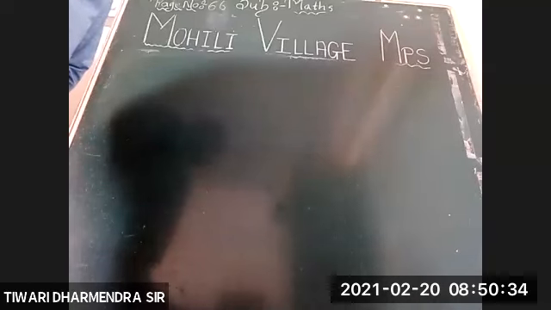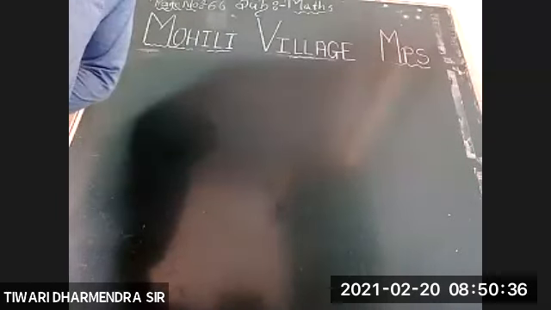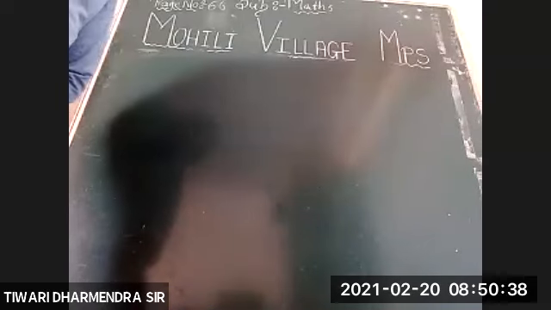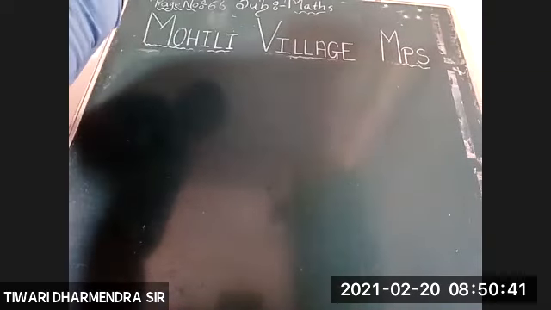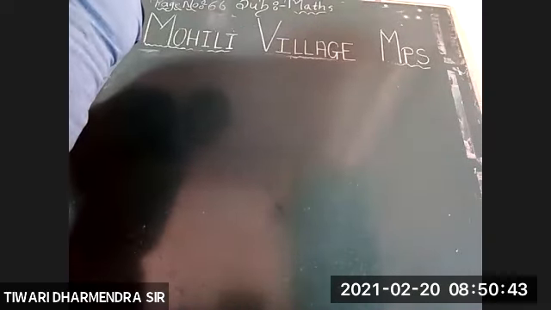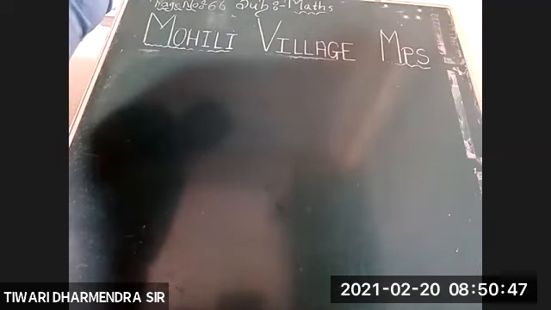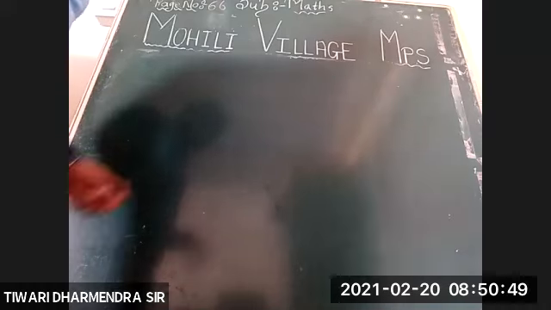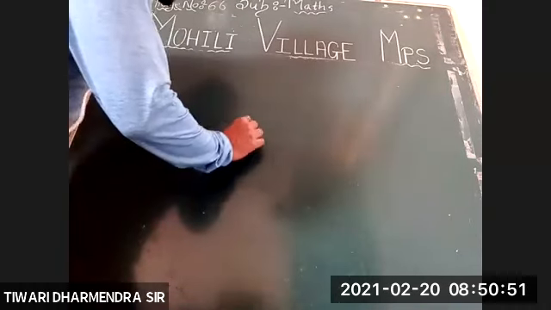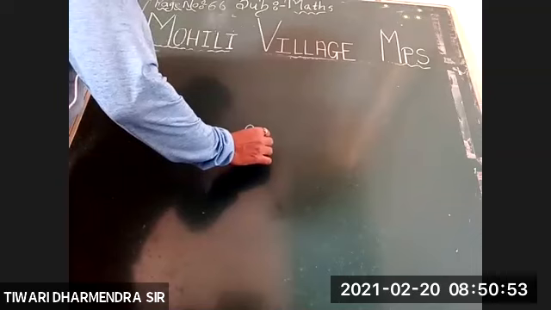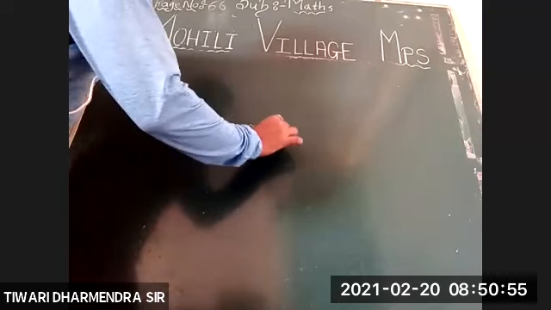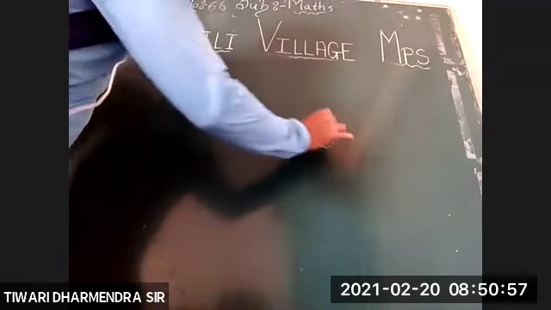Revision of a system of linear equations in two variables, in which we have gone through certain real examples by understanding the basic concept of the equation in one variable. For example, I will revise whatever we have done in our last lecture, that is ax plus b is equal to 0.